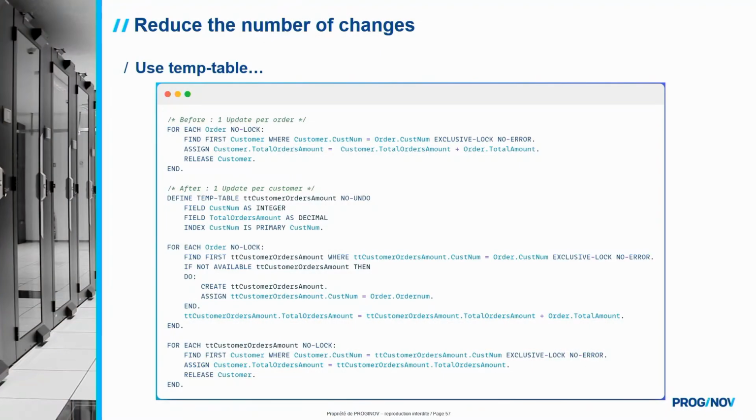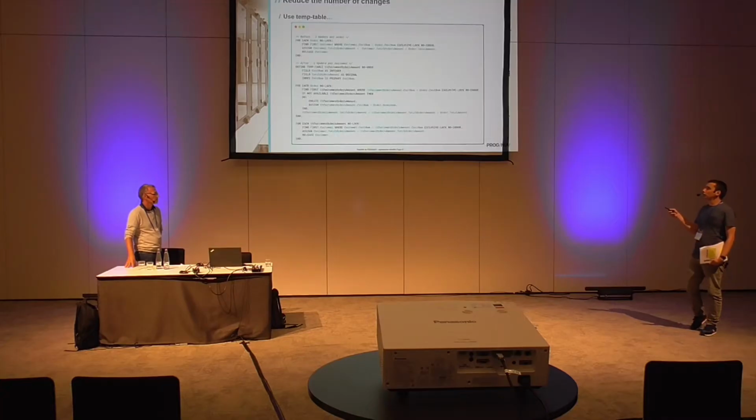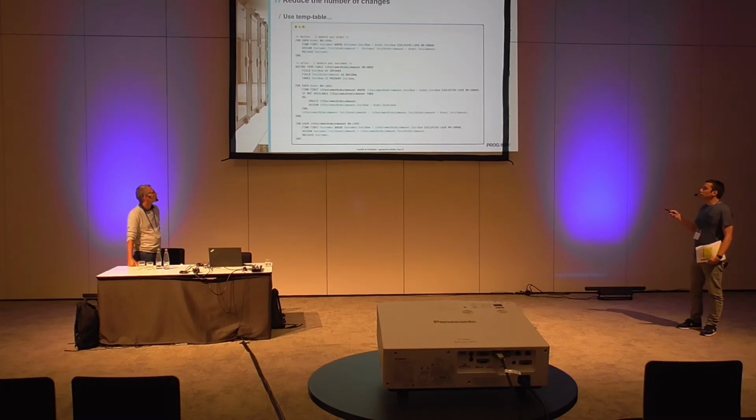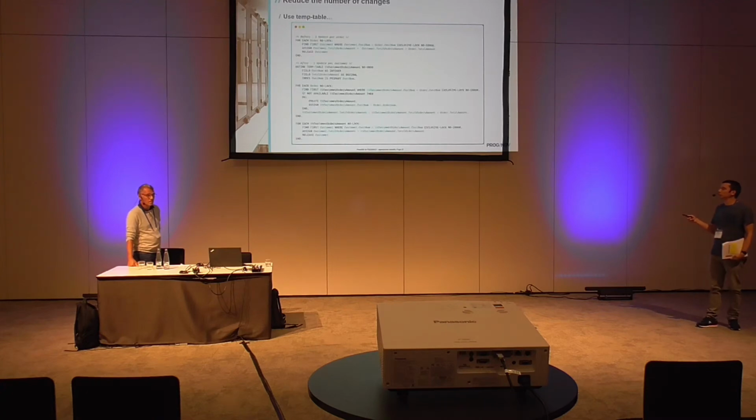One other example, you can use temp-tables. Here we want to update the total order amount for the customer. So for each order, we will sum up the total amount of the order. Rather than update the customer for each order, it's better to sum up the total amount in a temp-table with one record per customer.